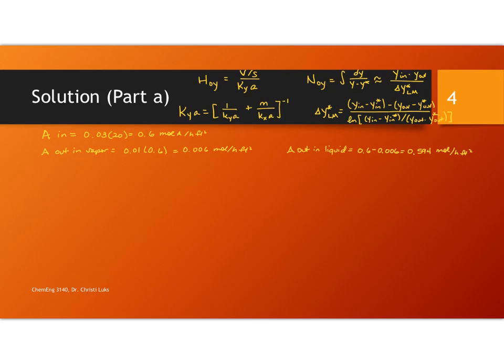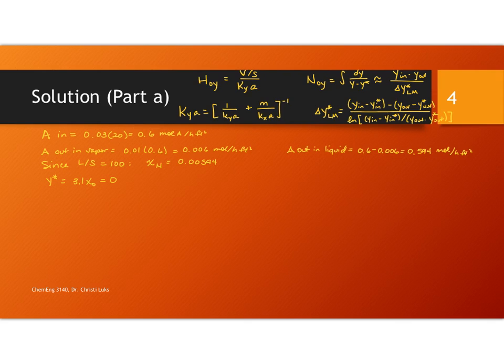99% of it is removed, so 1% remains, so the A leaving with the vapor is 0.006 moles per hour per square foot. And the A in the liquid must be the rest of it, so subtract the two and we get 0.594. Now, we know L over S is equal to 100, so I can determine X, and I know the equilibrium relationship, yi is 3.1x.